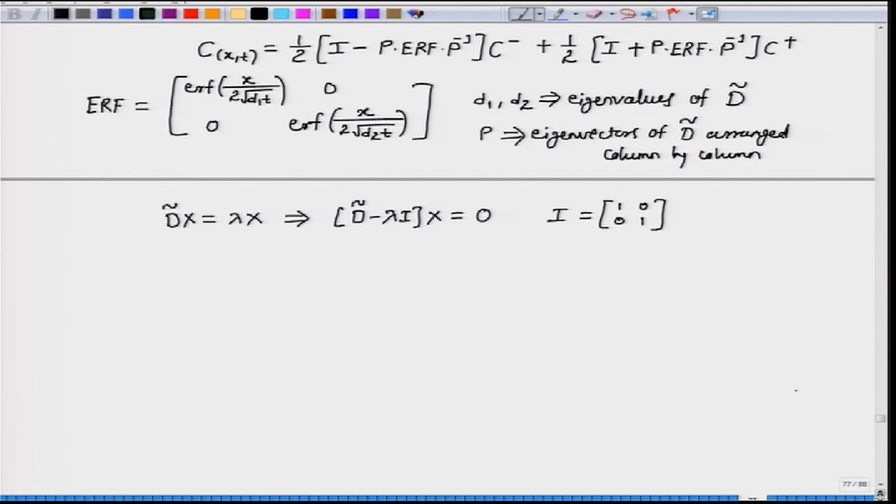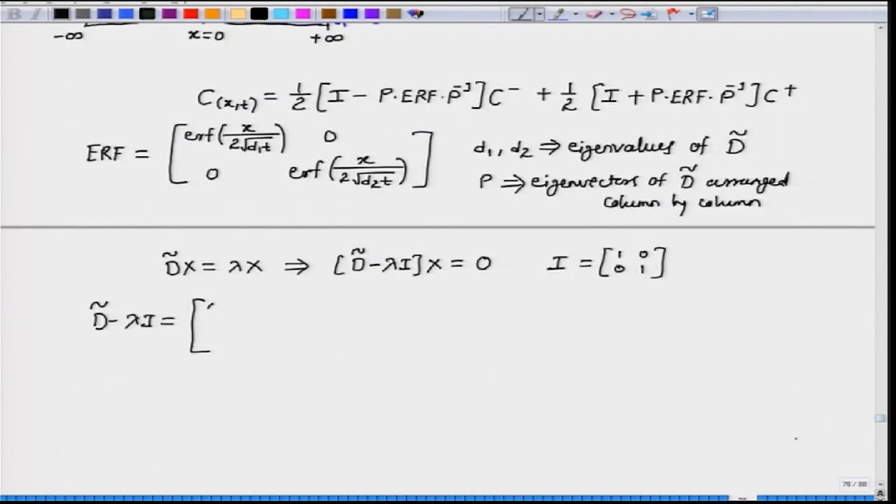If we evaluate the d tilde minus lambda I matrix, since I is an identity matrix, lambda I would be a diagonal matrix with both the diagonal terms being lambda and the non-diagonal terms being 0. So, we get 4.5 minus lambda, and the non-diagonal terms remain as they are, while the diagonal terms have lambda subtracted from them.